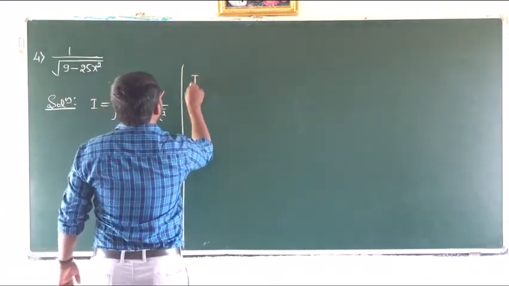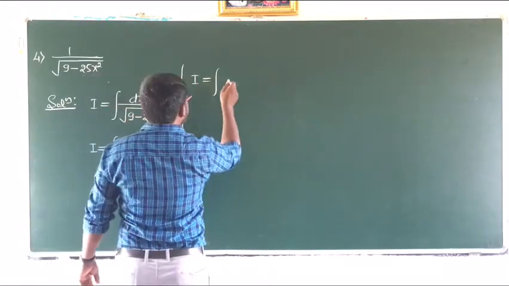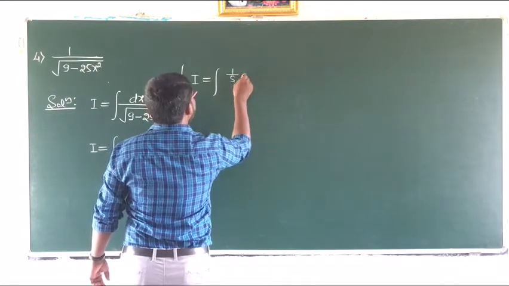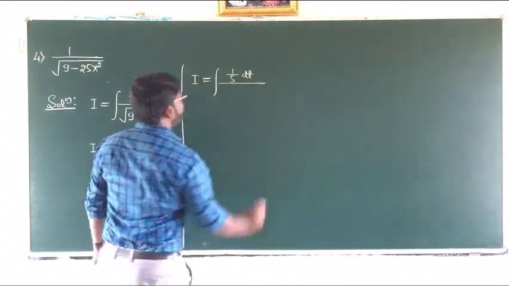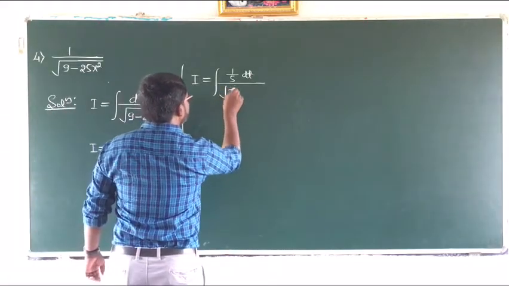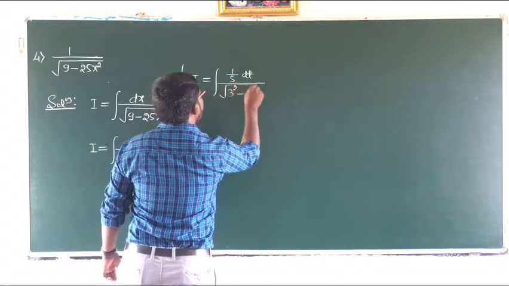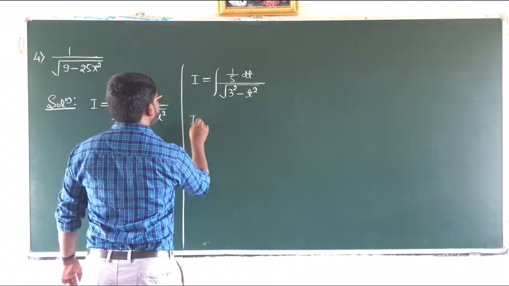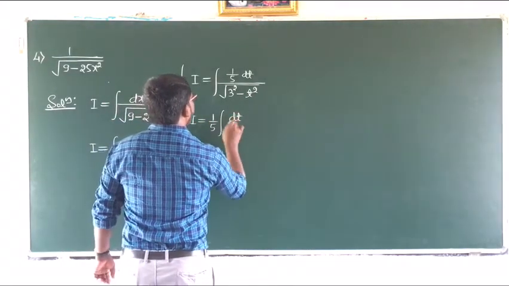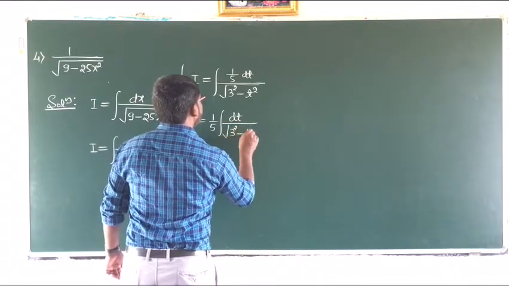I is equal to integral 1 by 5 dt divided by square root of 3 square minus t square. 1 by 5 is a constant, write it outside: 1 by 5 integral dt by square root of 3 square minus t square.